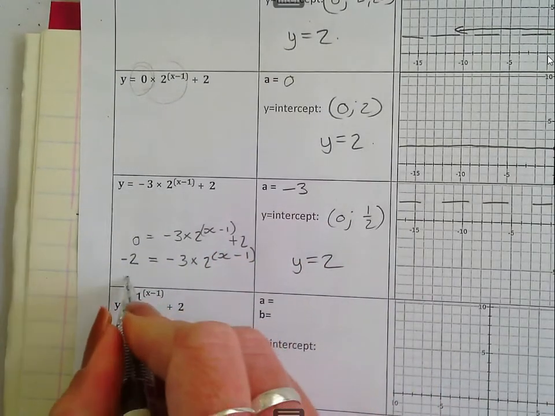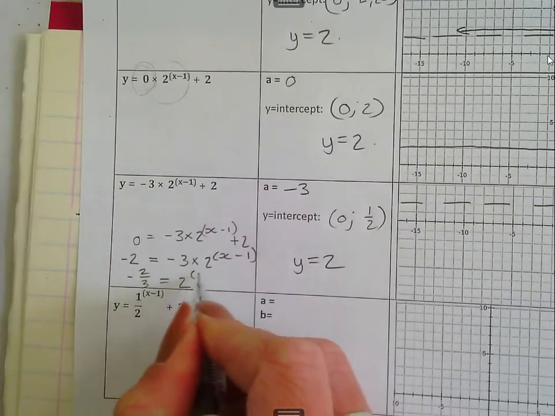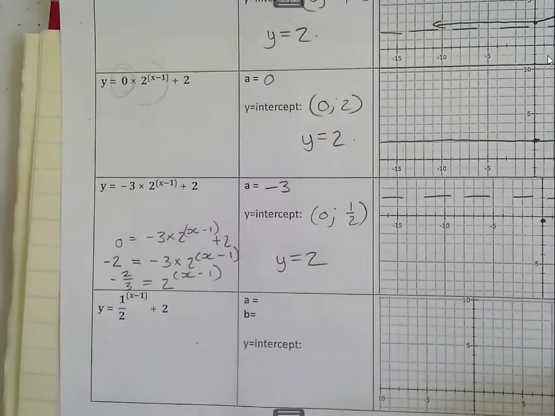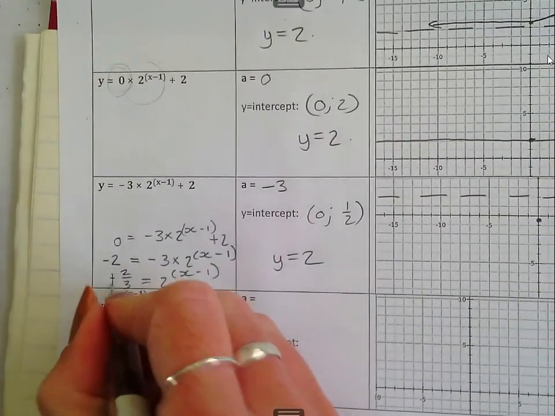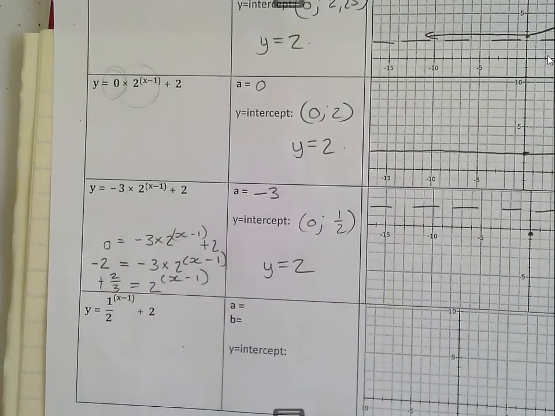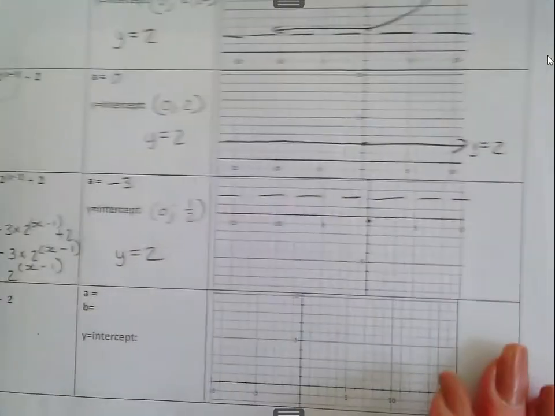Divide by negative 3, and I've got negative 2 over 3 equals 2 to the power of x minus 1. Oh, this is going to be positive, sorry. Now in this case I can't calculate it any further because I can't do it without a calculator. But in an exam it would be possible for you to do it. It's just a silly example here.